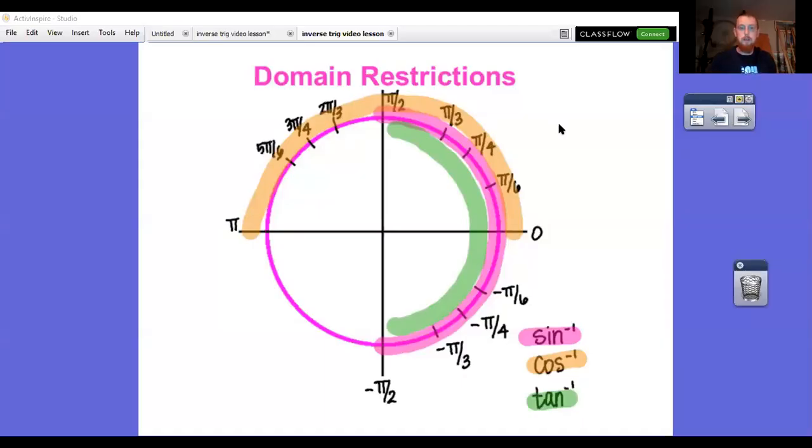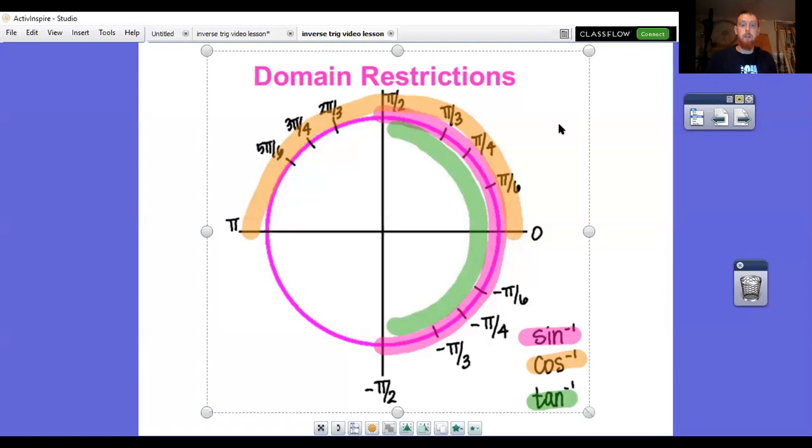So here's the unit circle. What domain can you use for inverse sine? You can use any angle from negative pi over 2 to positive pi over 2. What angle can you use in the domain for the inverse cosine? Any angle from 0 to pi. What angle can you use for the graph of inverse tangent?